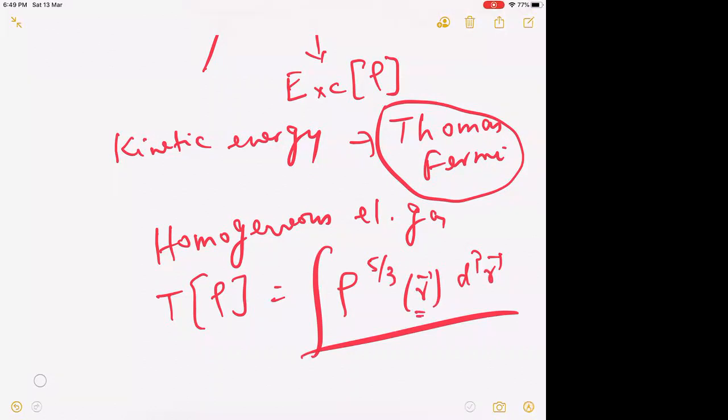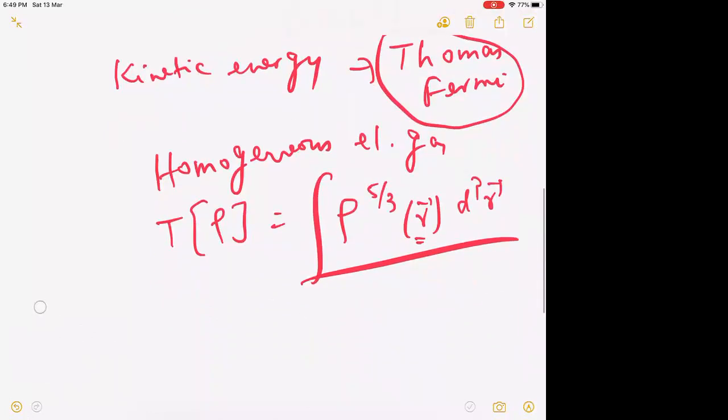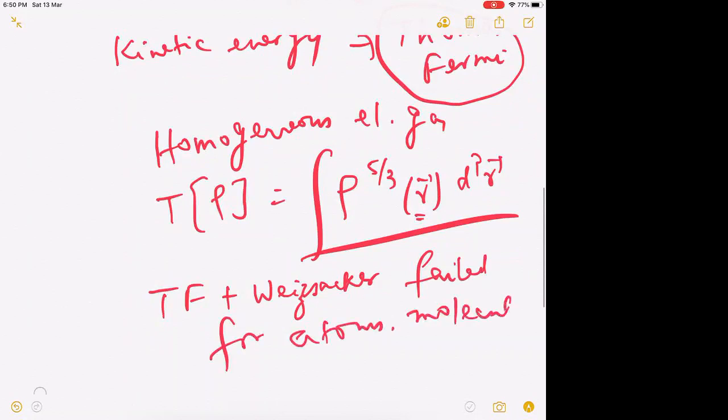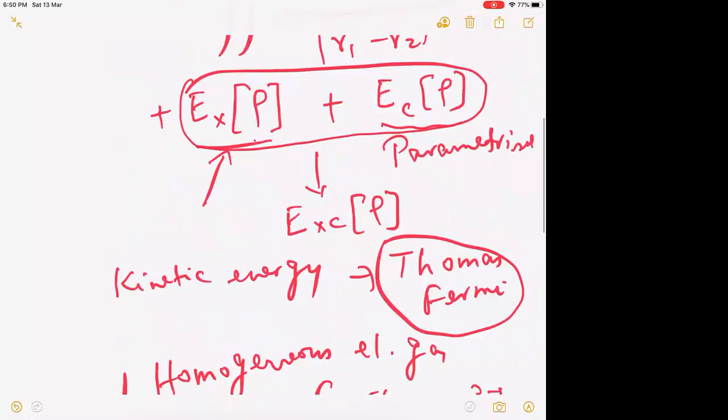However, this completely failed. So the Thomas Fermi method and any correction of Thomas Fermi, in fact, people tried to correct Thomas Fermi in particular by Weizsäcker, that failed for atoms and molecules. So that really proved a big bottleneck for the application of DFT to atoms and molecules.